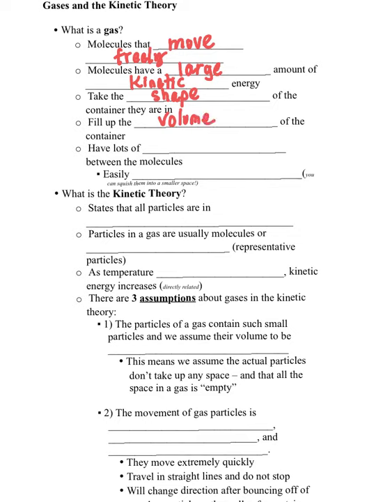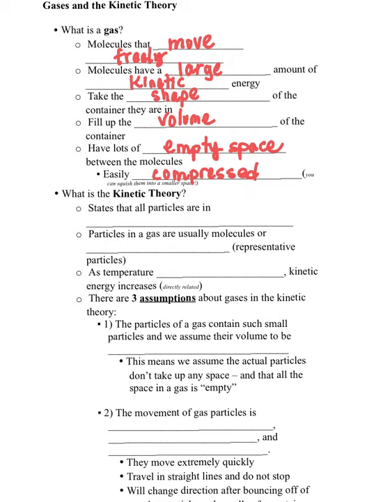They have lots of empty space between the particles. And because they have lots of empty space, they're easily compressed. That means you can squish them into smaller spaces. You can push them together because there's all that space in between them.